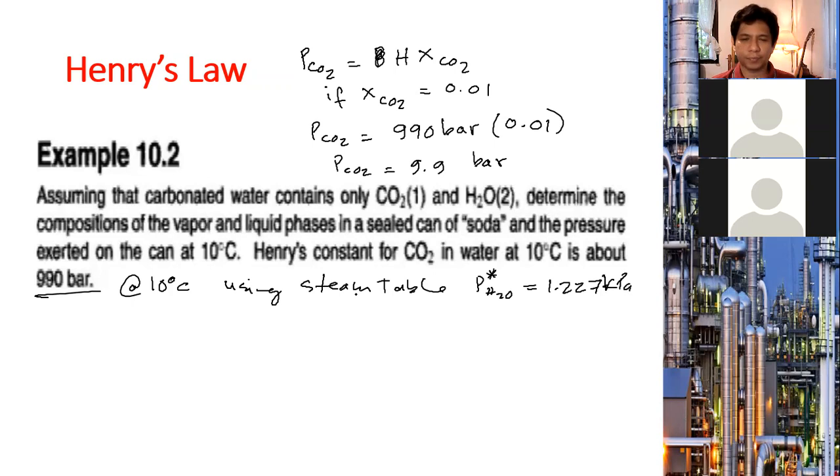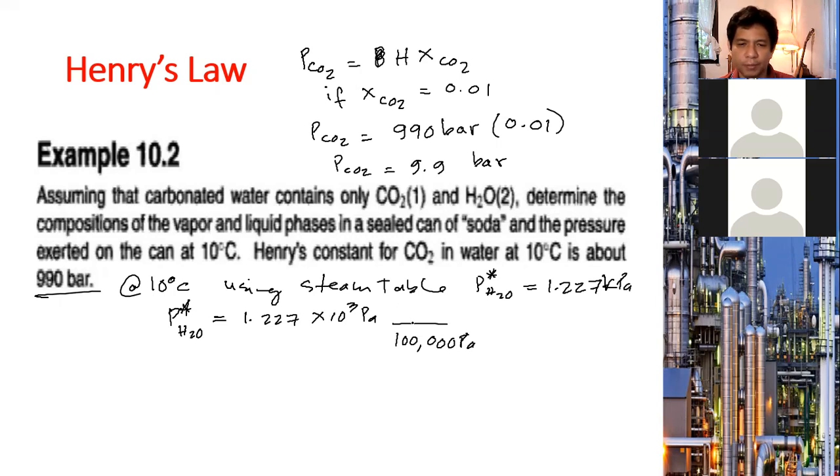Kaya lang, bar tayo, so you need to convert this to bar. Ang P star H2O natin, convert natin sa bar. This is the same as 1.227 times 10 to the 3, kasi di ba k is 10 to the 3 pascal. Tapos for every 1 bar there are 100,000 pascal.